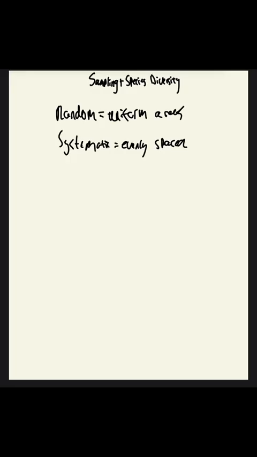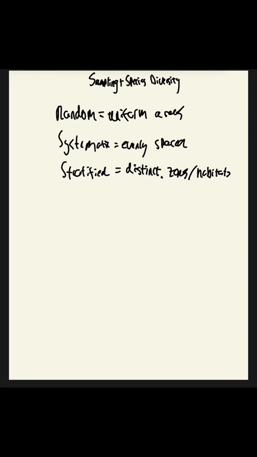Stratified sampling, that suits areas with distinct zones or habitat types. So stratified equals when you have distinct zones or habitat. Okay, and the samples are taken proportionally from each zone.